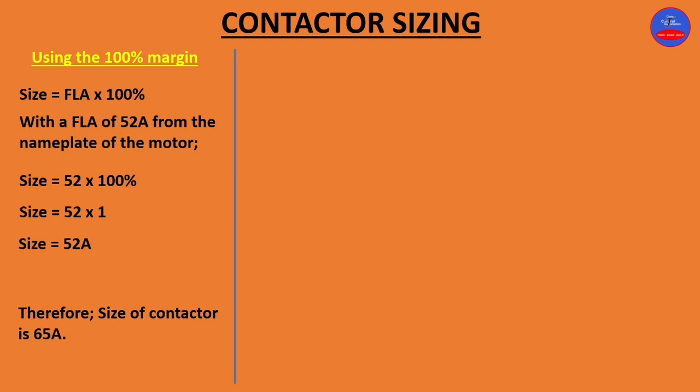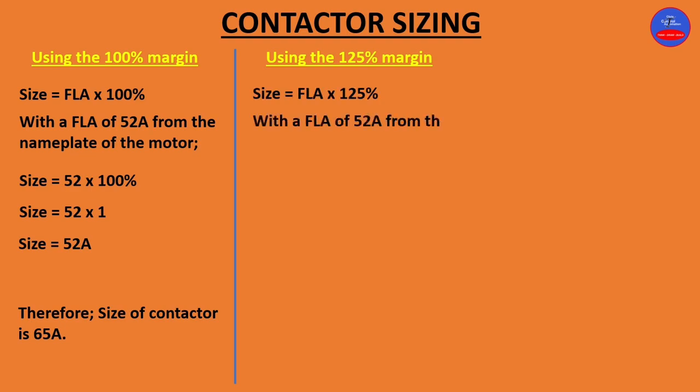Alright, now let's use the 125% margin. Okay, size is equal to FLA times 125%, with the same full load amps of 52 from the motor nameplate. Okay, size will be 52 times 125, and then 125% is equal to 1.25.